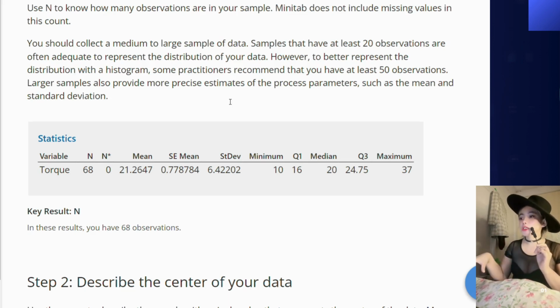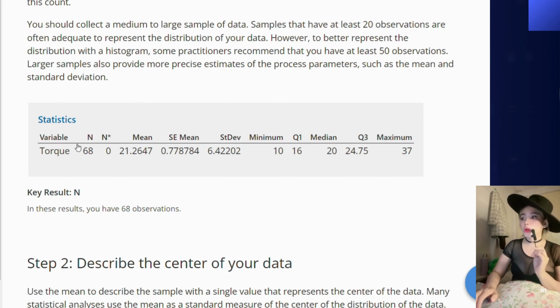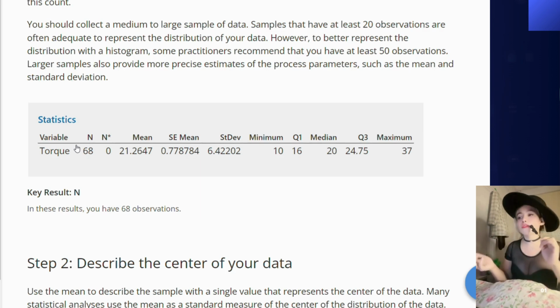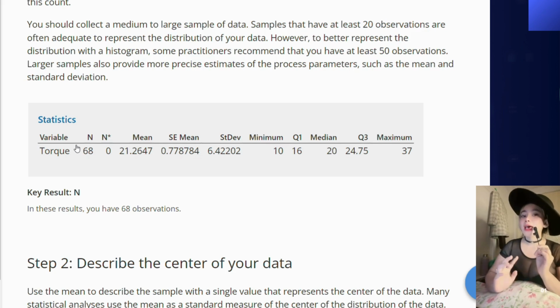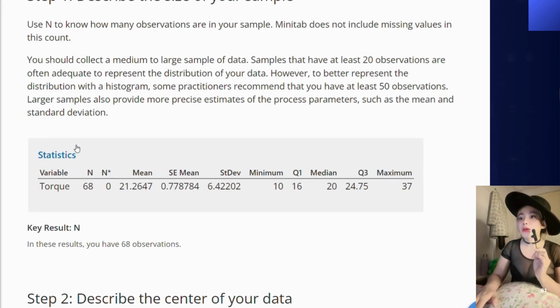So this particular picture shows you the statistics of a particular study about the variable torque, and as you can see, the letter N is represented by the number of your data, which is 68, and N asterisk tells you if there is data that has missing values, so there's nothing, that's why it displays as 0.